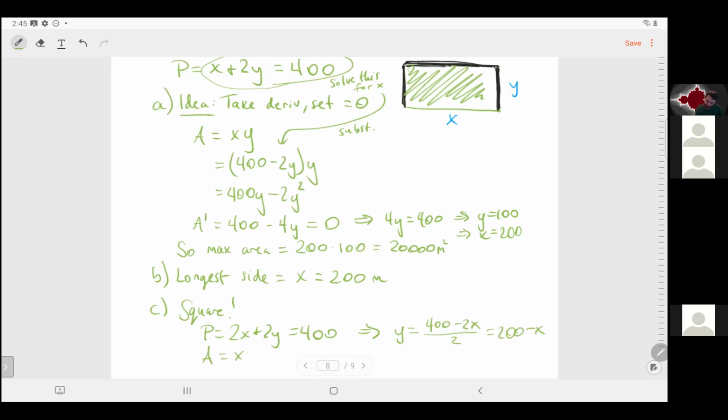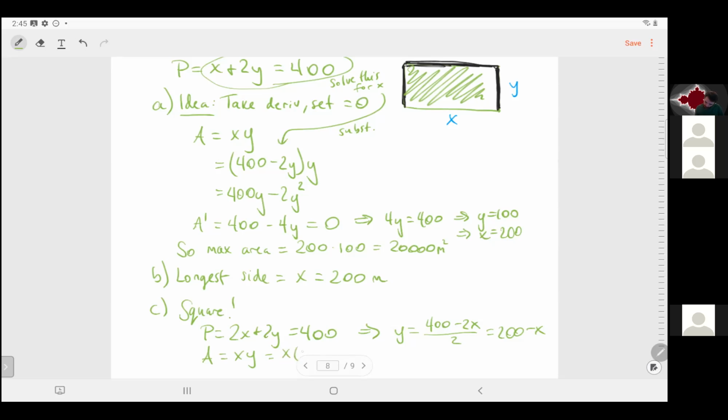So area is xy, but that's just 200 minus x. Wait, what did I do? Oh, I solved for y that time. I solved the other way last time. No big deal, same difference. So that's x times 200 minus x. And that's 200x minus x squared. Set that equal to 0 and solve from there.